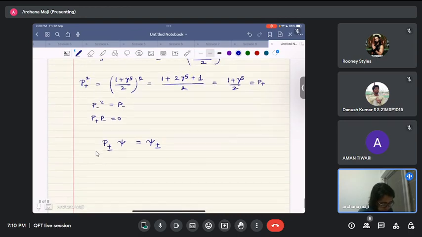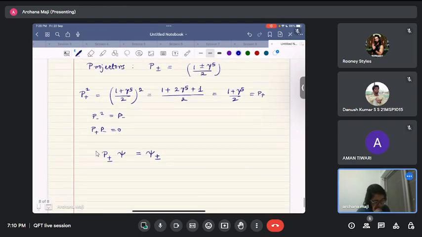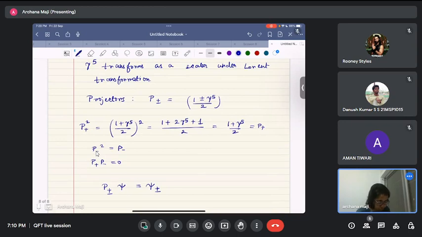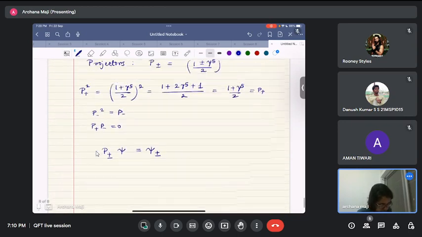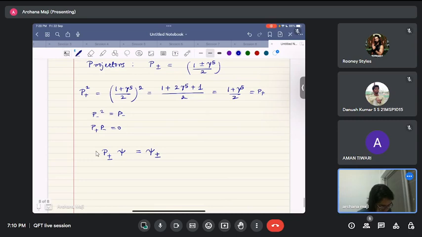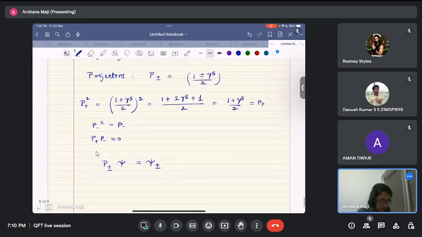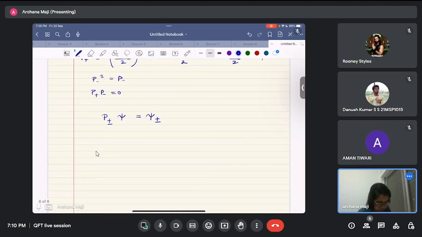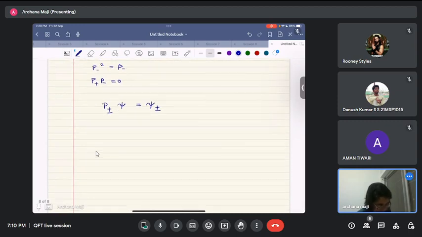And this psi plus and psi minus are actually eigenstates of the gamma 5 operator with eigenvalues plus and minus. So let me illustrate this with the basis that we have chosen, and then we can come back to this general statement.